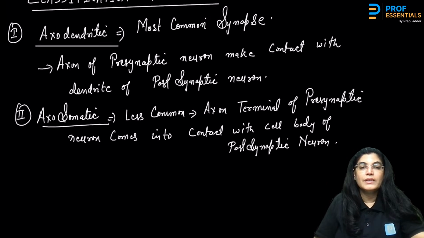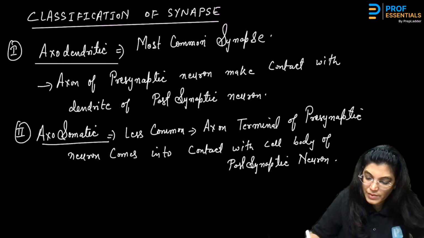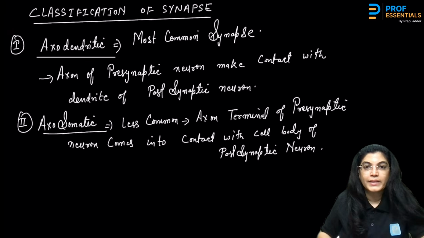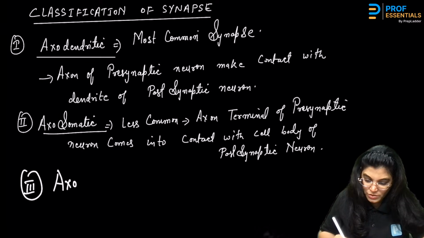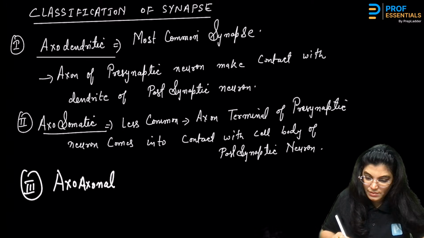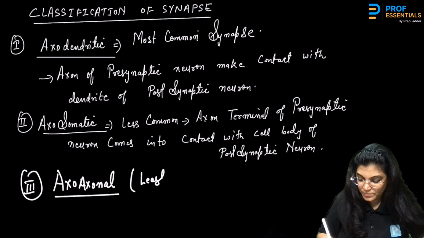Okay, so we have seen the two varieties. Which is the last variety, my dear students? The last variety is the third variety. This is axonal. This is the least common, very rarely happening.